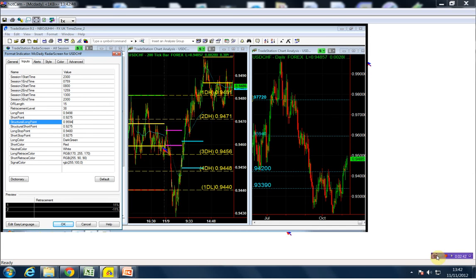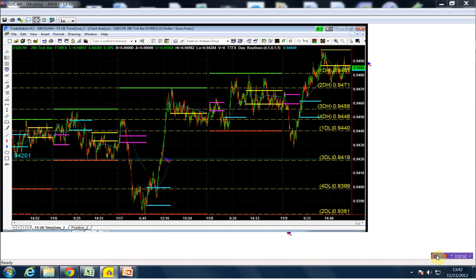And on the short side, if you look at this intraday chart, you can see that it's pretty much a well-defined trend. You can see that it broke through these daily highs and it just turned back around and it came through them.